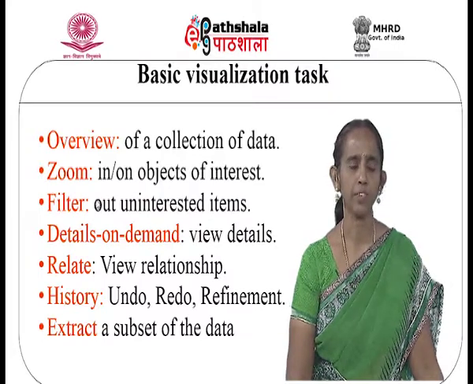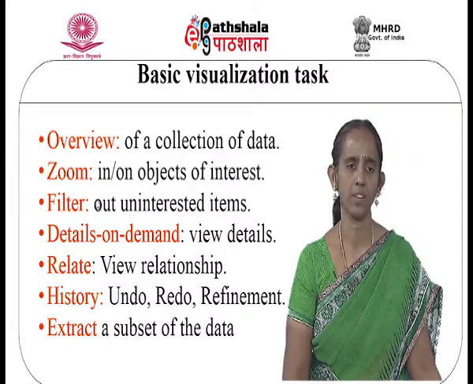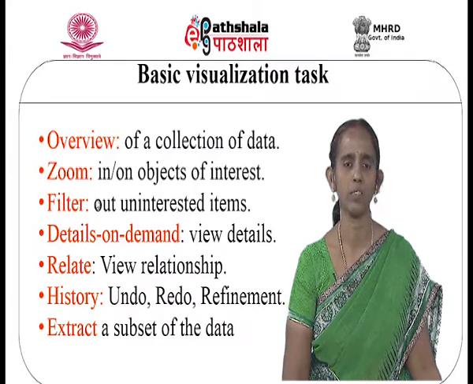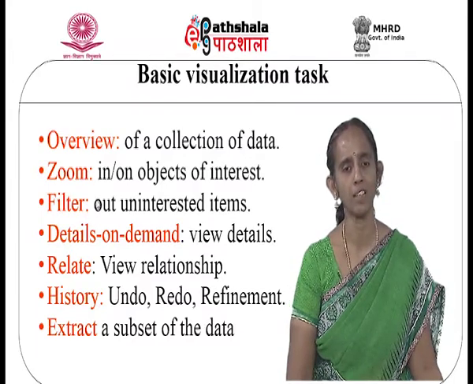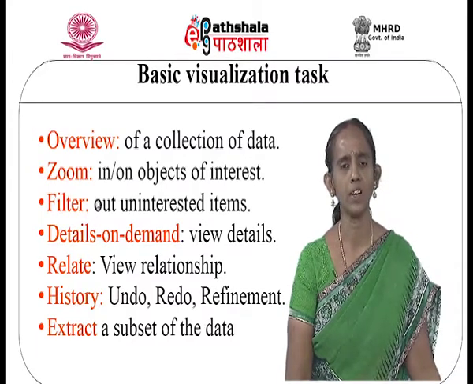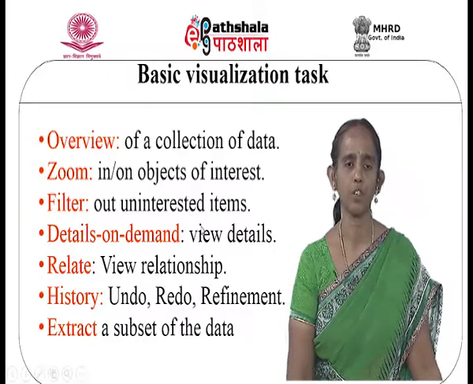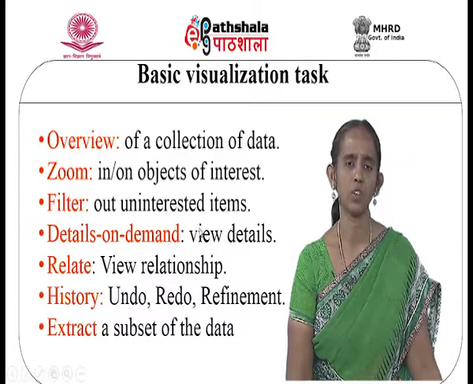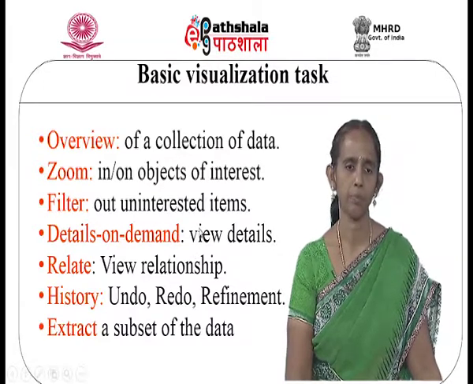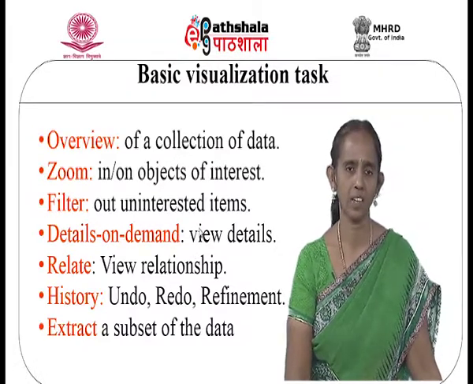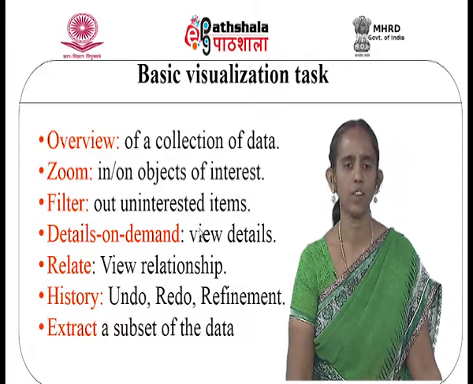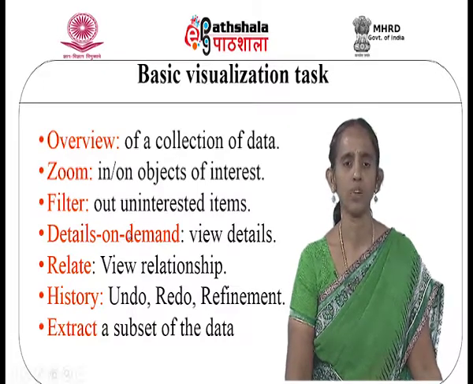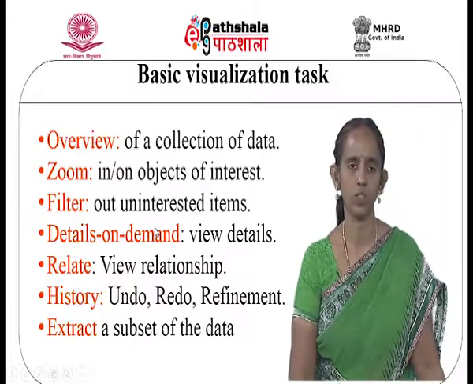Another kind of task that can be performed over the visual is details on demand, wherein the user can view the details whenever he needs them. If it is not needed, it is not necessary for the designer to show the details to the end user. The next one is the relate task, wherein the user can view the relationship between various entities that are shown in the visual.